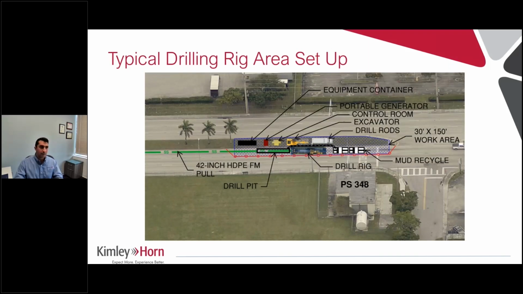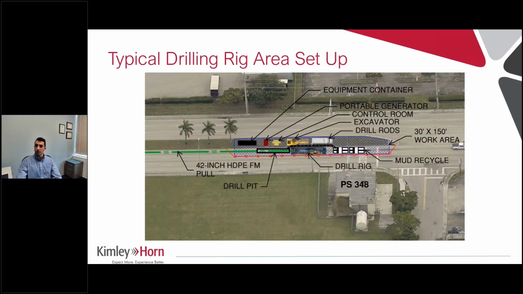So here's the drilling rig setup that we're anticipating. This is about 150 by 30 feet of work area. As you can see, we're using the drill rig, and the drill pit is on the inside lane, but we are taking advantage of the median that we have available for the ancillary equipment, including the drill rods, the control room, generator, and the conex equipment containers.